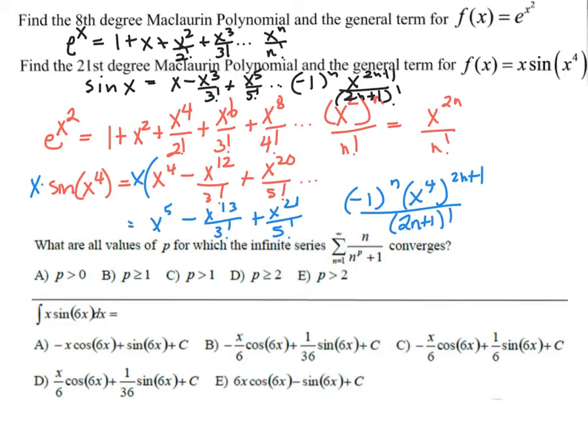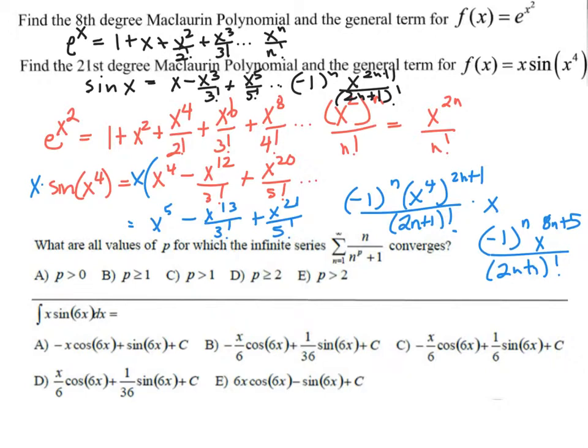That wasn't affected. And then we multiplied by an additional x. So if you simplified this, you'd have negative 1 to the n, x to the 8n plus 4, and then another x. You'd have x to the 8n plus 5 all over 2n plus 1 factorial, like that.